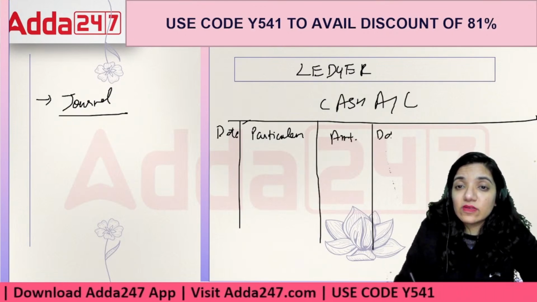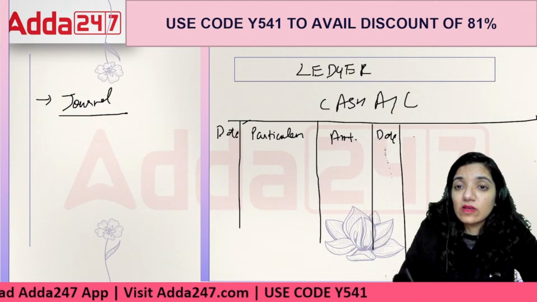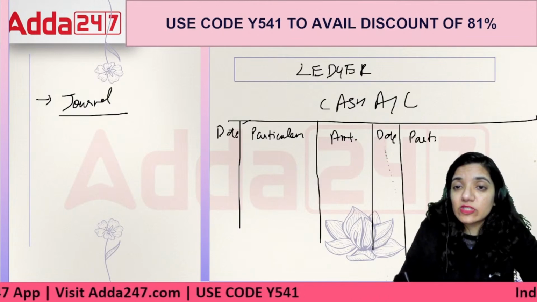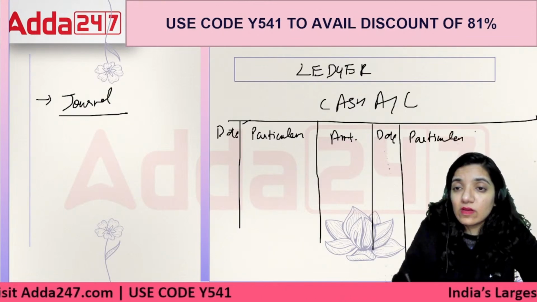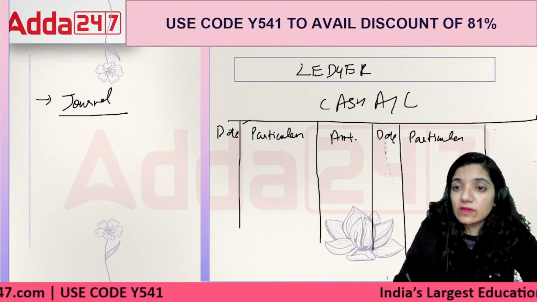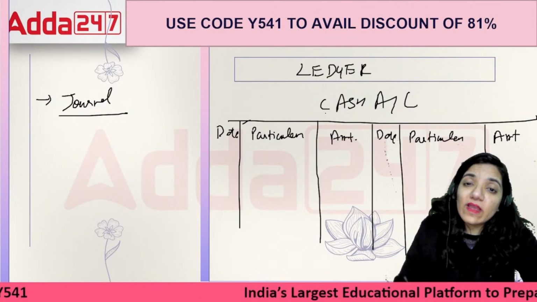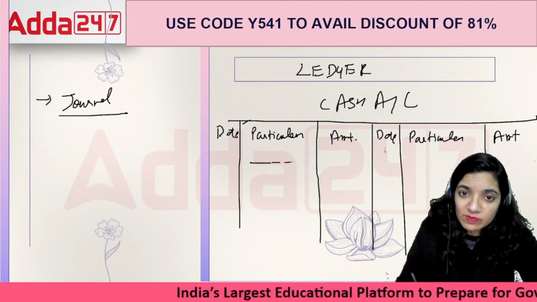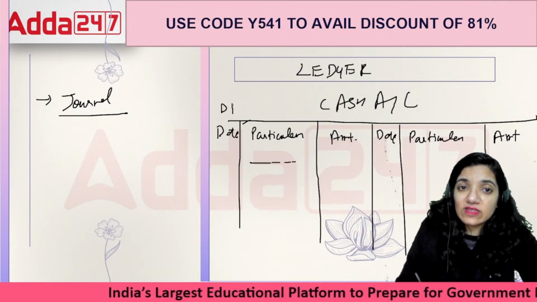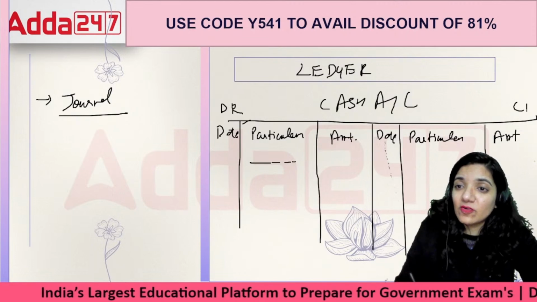Then we will have date, particulars, and amount again. Whenever the cash was debited would be specified here. This is our debit side and this is our credit side.